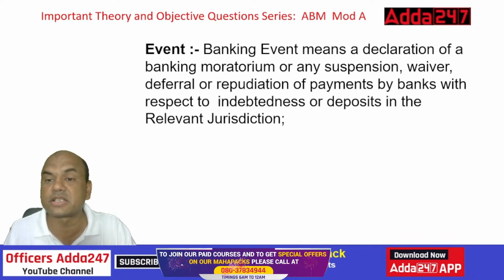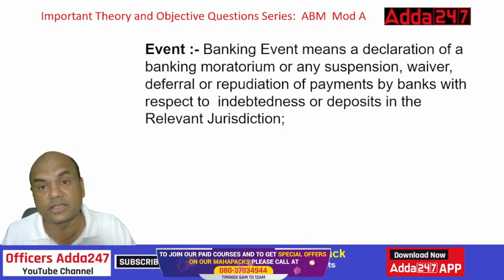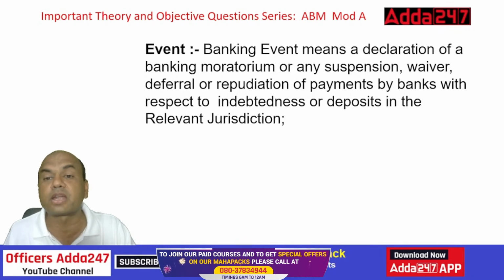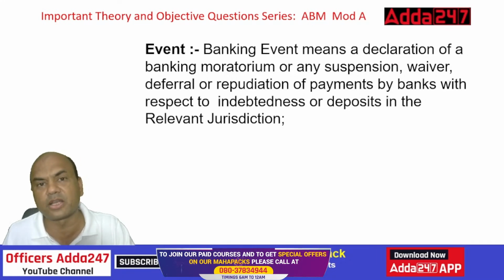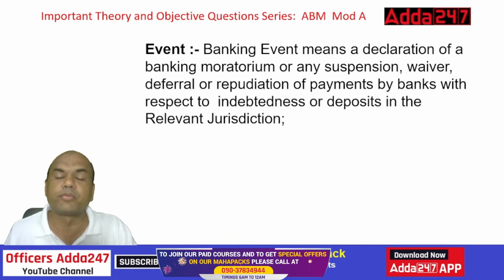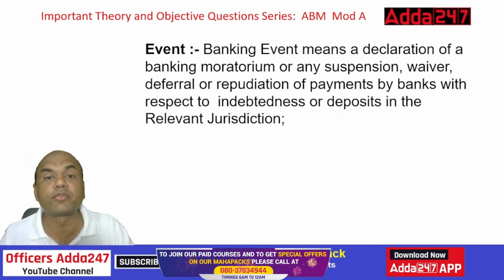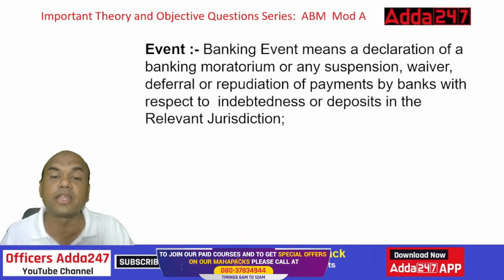Suspension means don't pay for the time being, and waiver means don't pay at all. Or repudiation of the payment. Repudiation means the same, do not pay. This generally happens during election times. Government gives waiver of loans for farmers many a times. So this is an event.